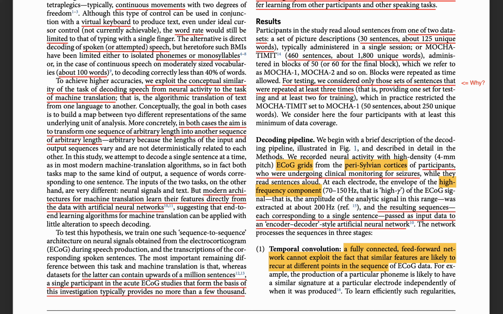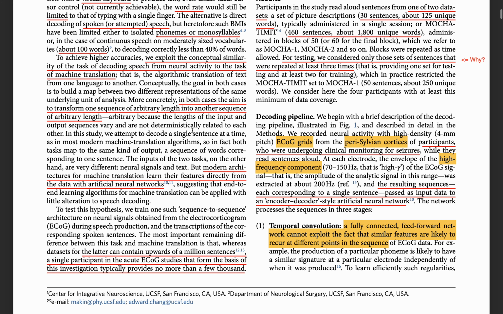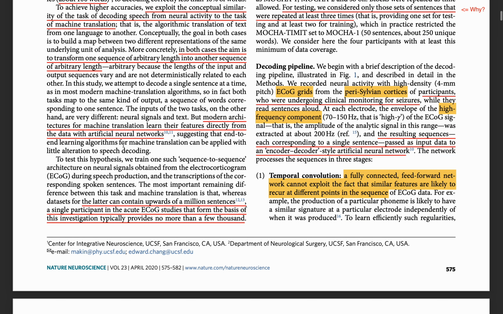In this experiment also it is a very similar case. The input of arbitrary length is being translated into output of arbitrary length. So using these parallels, these researchers try to utilize advanced techniques similar to RNN.